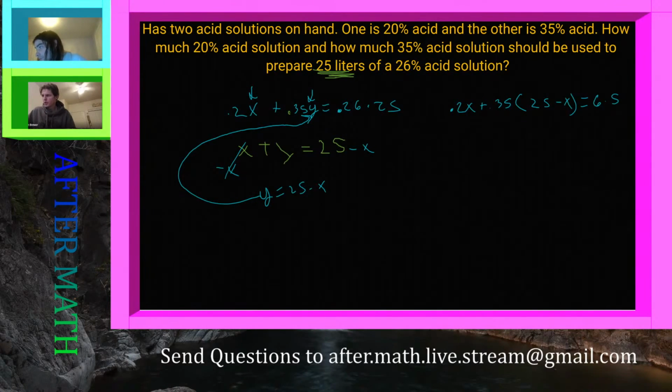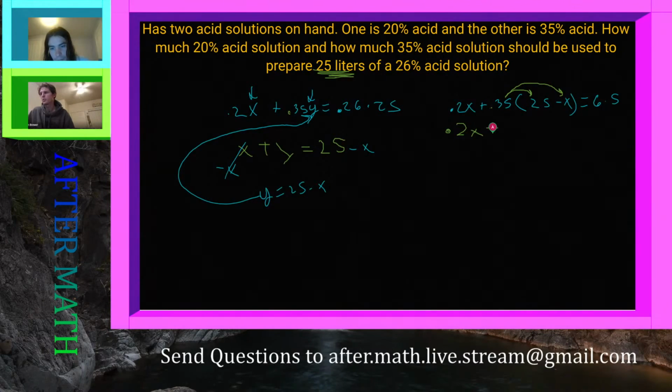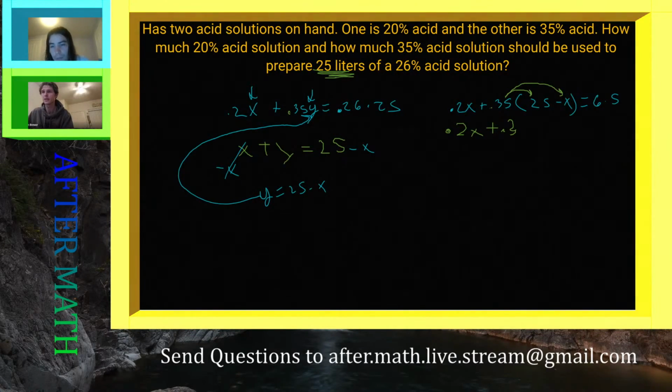So now I'm going to distribute this 0.35 into the parentheses. We keep that first term the same, so 0.2x. Then 0.35 times 25 is 8.75.